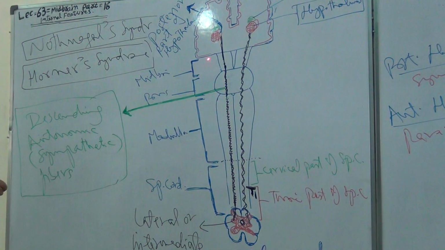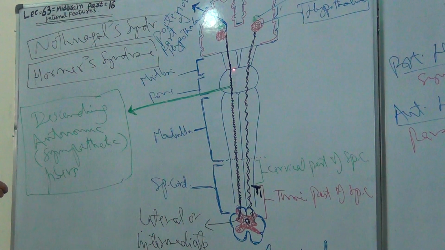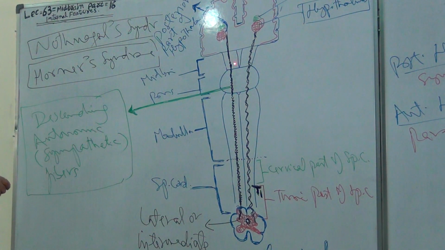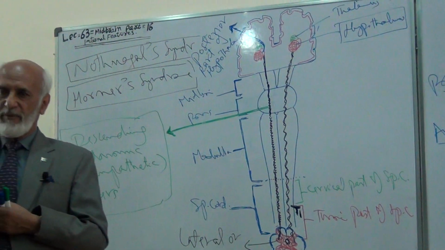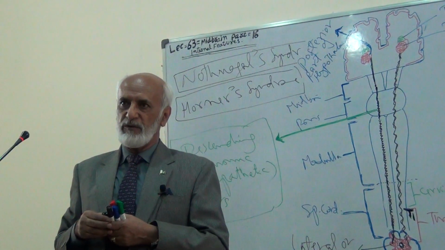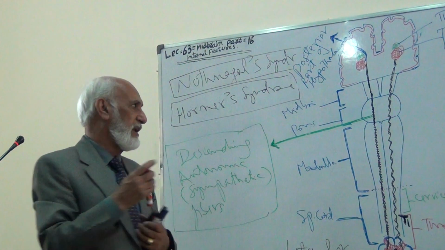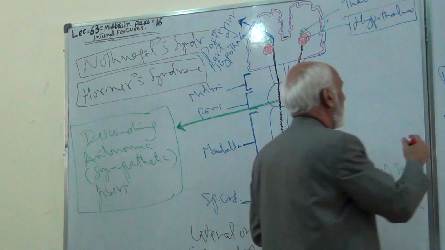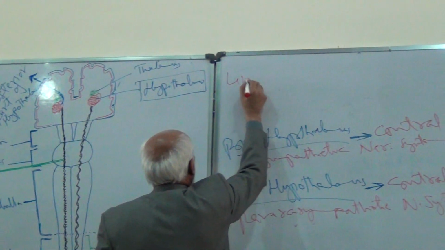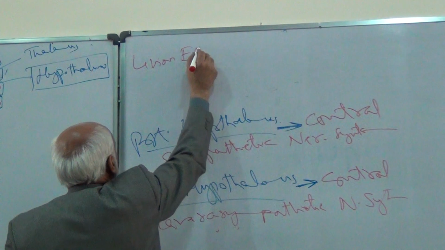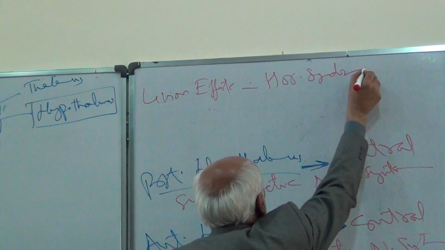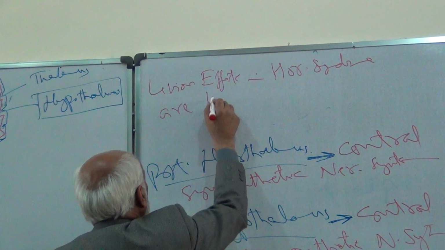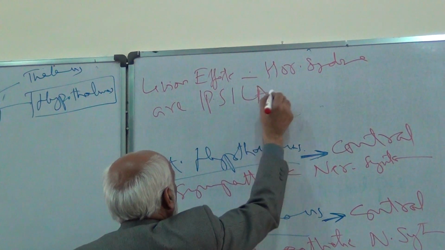Here we are discussing the syndromes or lesions affecting the midbrain. So if in the midbrain region this descending pathway is damaged, it will result in a condition known as Horner syndrome. The sympathetic fibers are damaged. Now it is ipsilateral. All the lesion effects in case of Horner syndrome are ipsilateral.